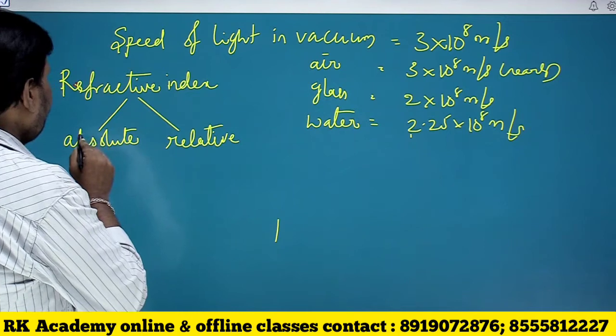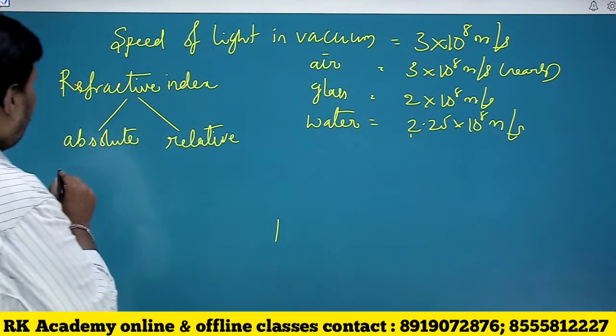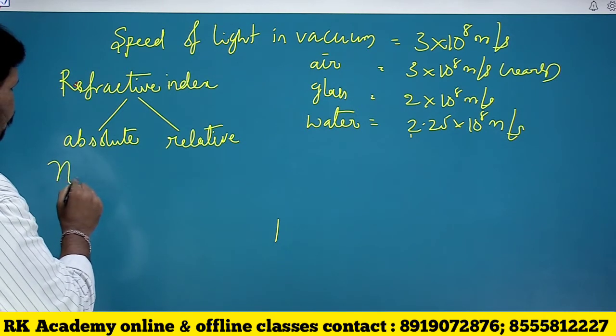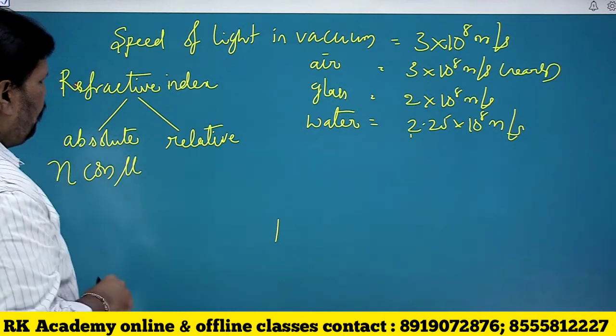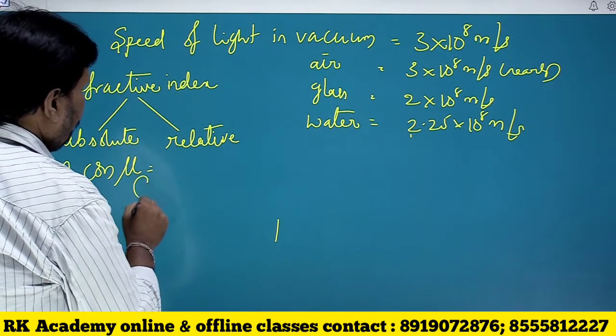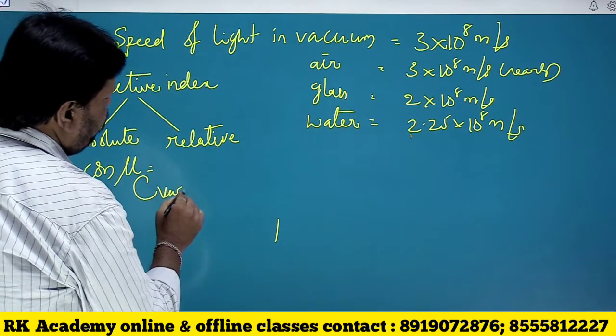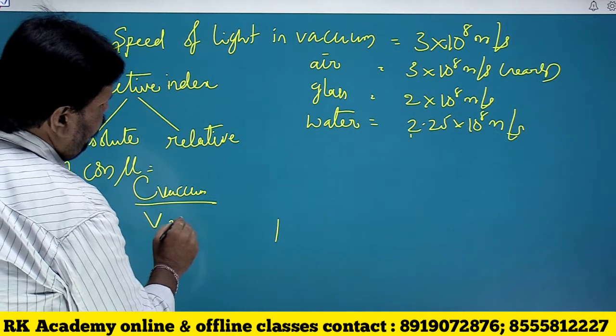In the sense, the formula for absolute refractive index can be denoted by n or mu, that is equal to speed of light in vacuum by speed of light in medium.